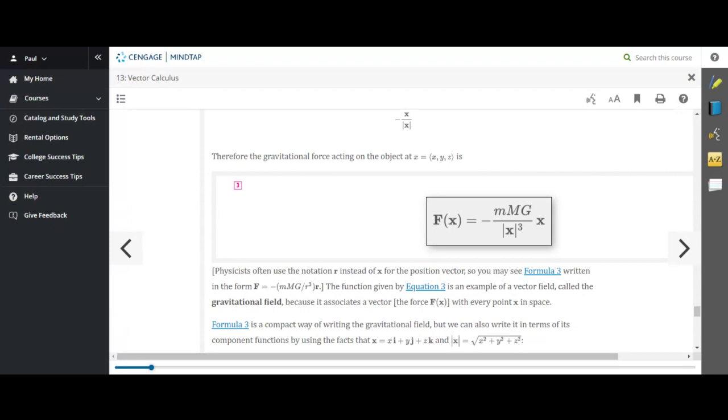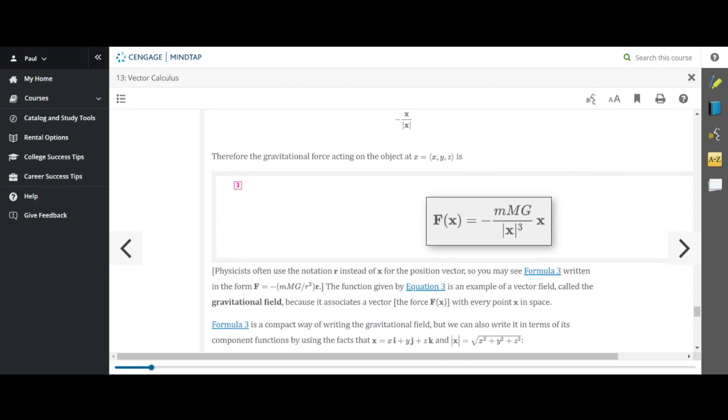What do little m and big M stand for in that formula for the gravitational field? What do little m and big M represent? Mass, that's right. Very good. Little m could be your mass, and big M could be the Earth's mass, for instance.